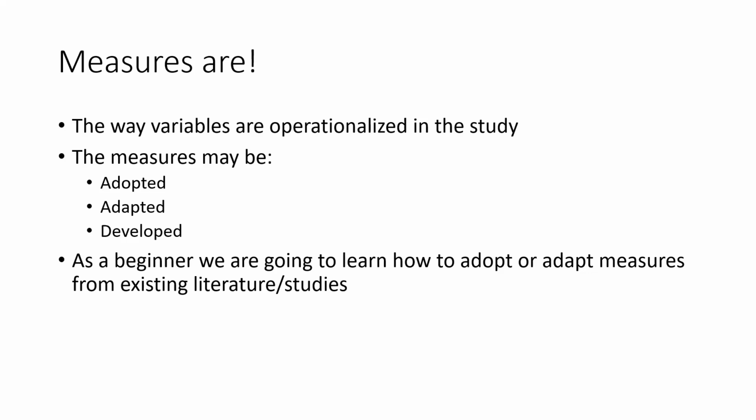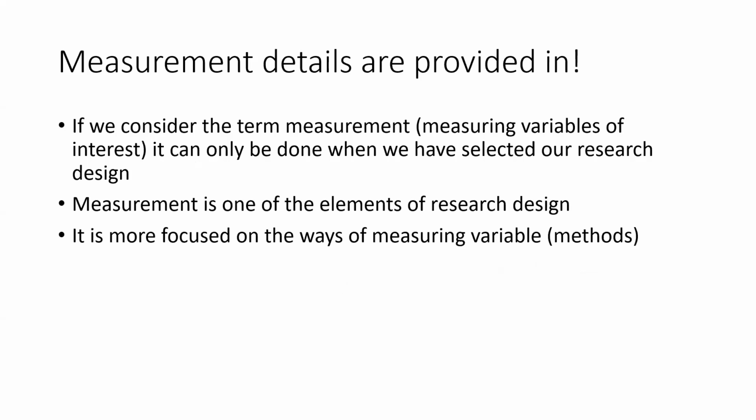These are only developed when there is no scale available in the literature, or the scales available are not sufficient to provide a good tool to measure the way the researcher intends to. As beginners, we are going to learn how to adapt or adopt the measures from existing literature or studies. So here are a few guidelines.